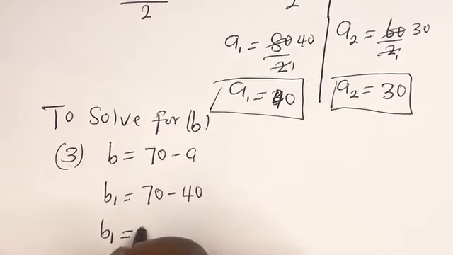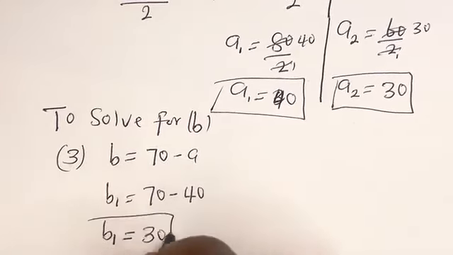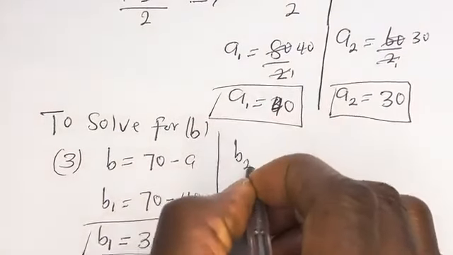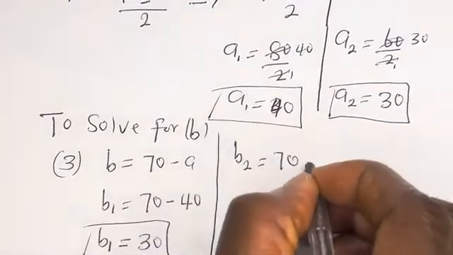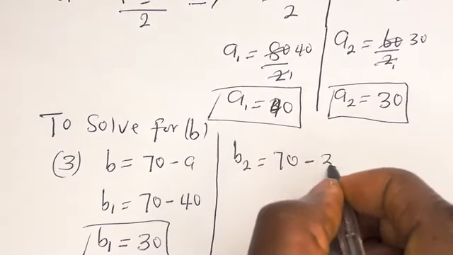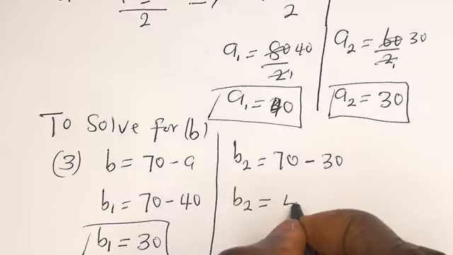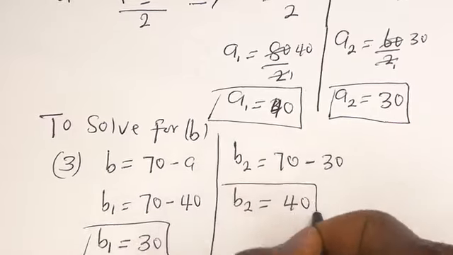B1 is equal to 30. Also, B2 is equal to 70 minus A2, which is 30. B2 is equal to 40.